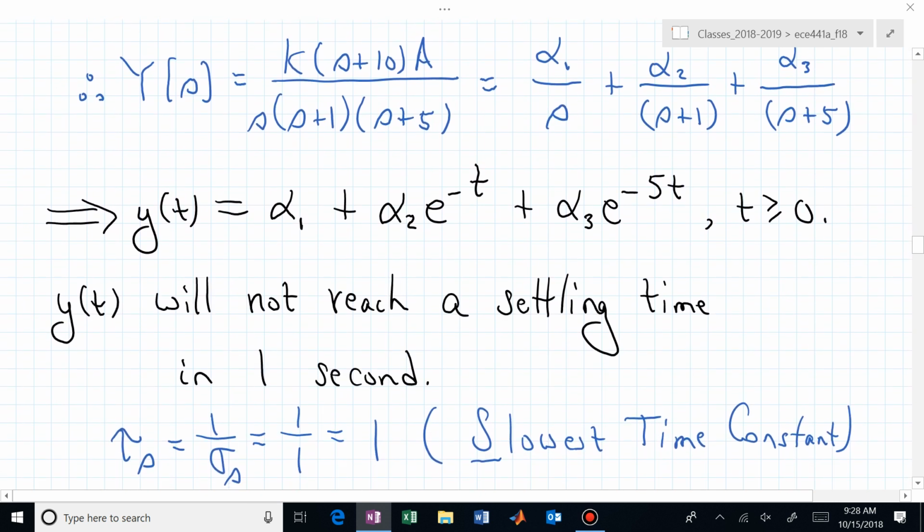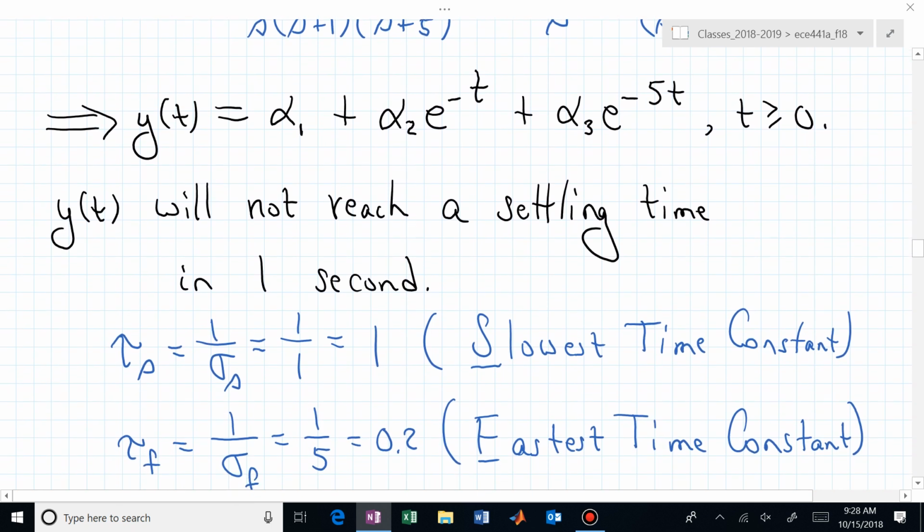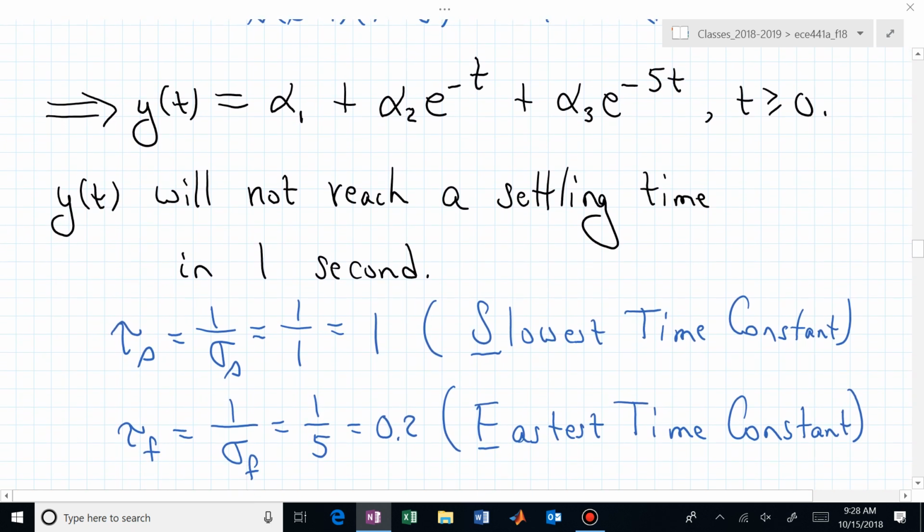You can tell then from that structure, without finding the alphas, information about your settling time. You can now conclude that, oh, I'm not going to reach my settling time in 1 second because of that slowest time constant, tau sub s.